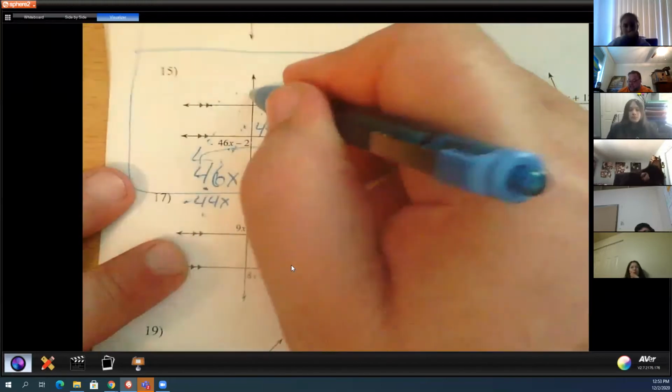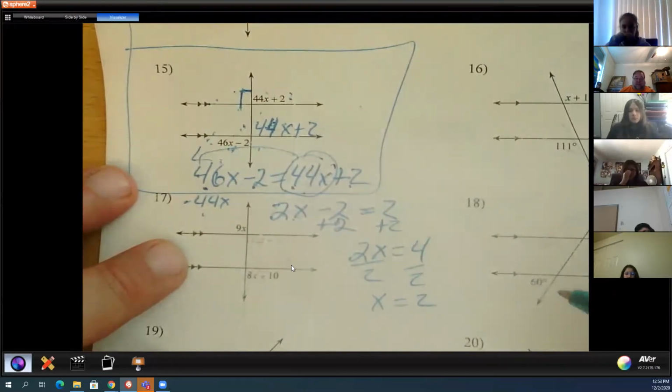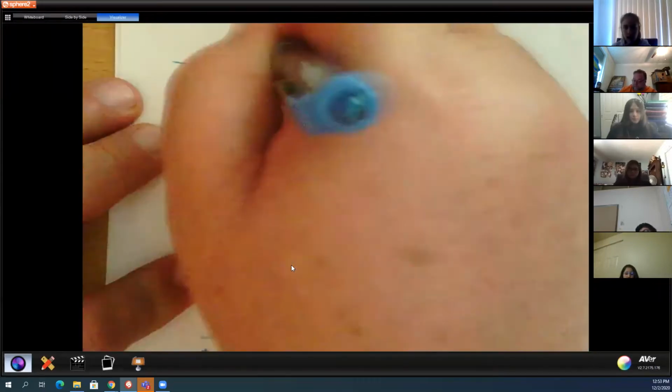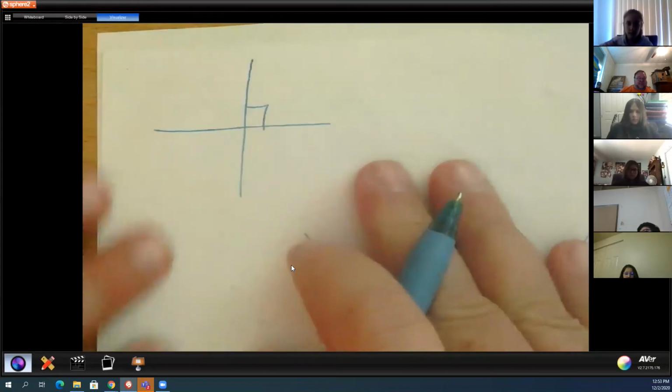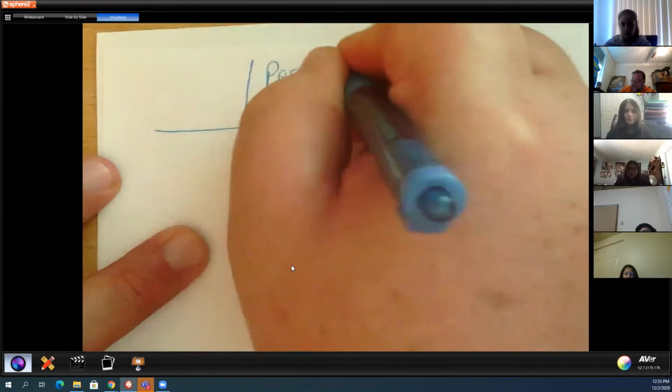Because this is actually a parallel line. I mean, a perpendicular line. And of course, we know that the definition of a perpendicular angle is where two lines come together at a 90-degree angle. That's what perpendicular lines are, right? You guys remember that? Okay, so remember, when you have two lines that come together at a 90-degree angle, we say that these are perpendicular.